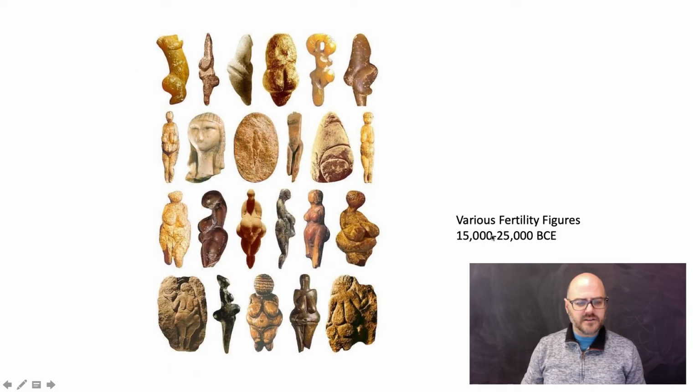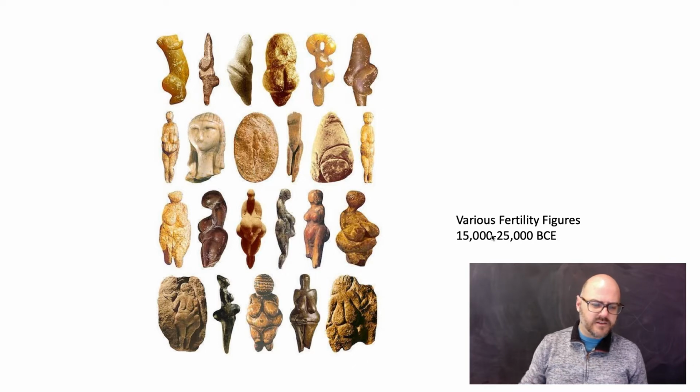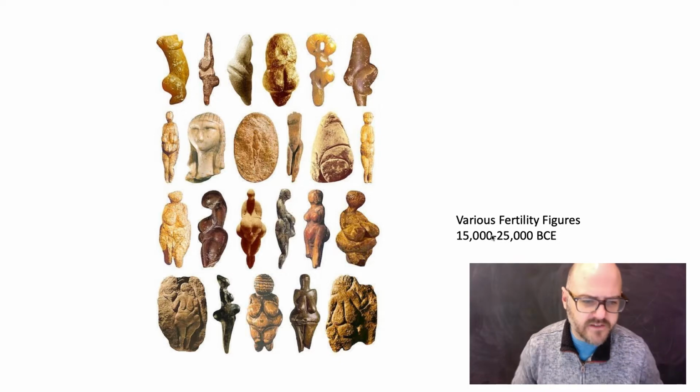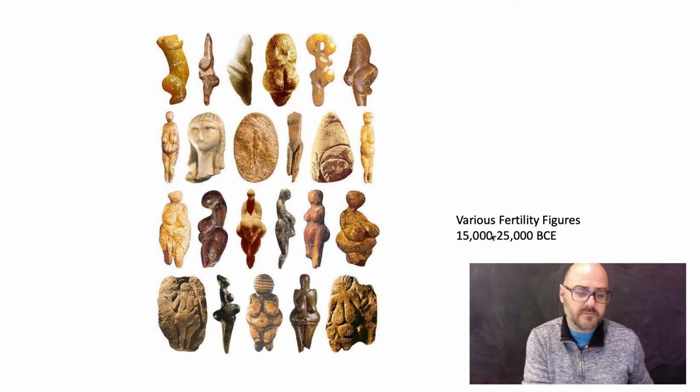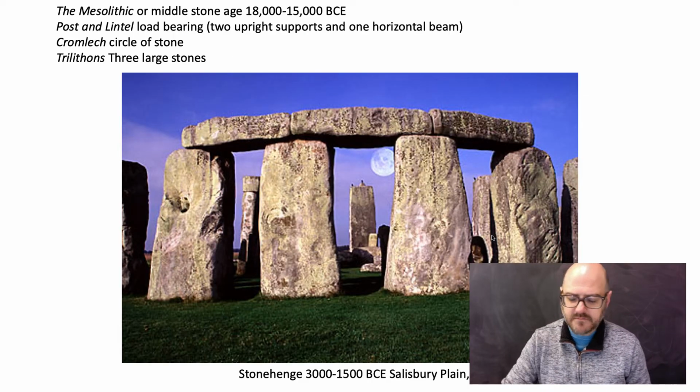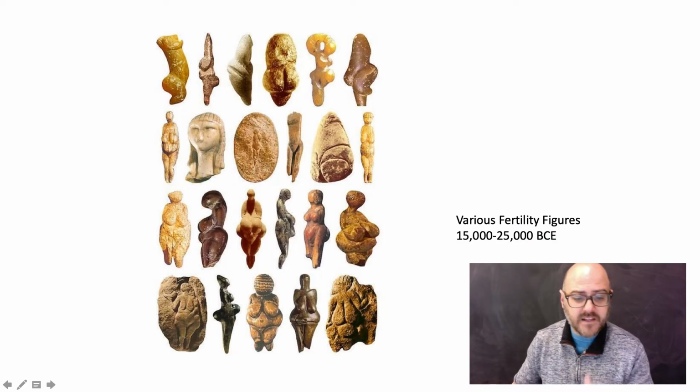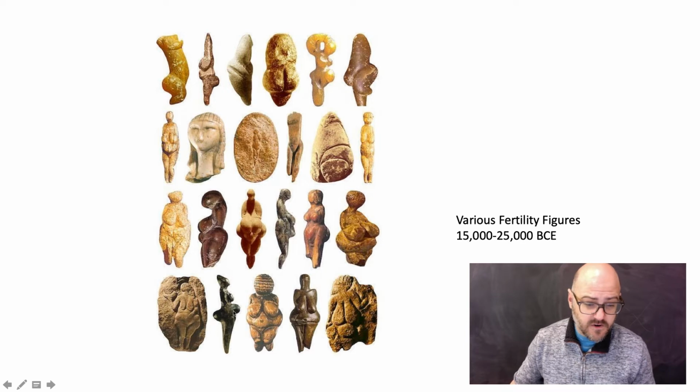What's interesting is that hundreds, if not thousands, of these have been found throughout fields in Northern Europe, from the same period, the Paleolithic times, the Old Stone Age, from about 15,000 to 25,000 BCE. We see these images, and here's our woman of Willendorf, and look at this one here, which looks very, very similar to it.